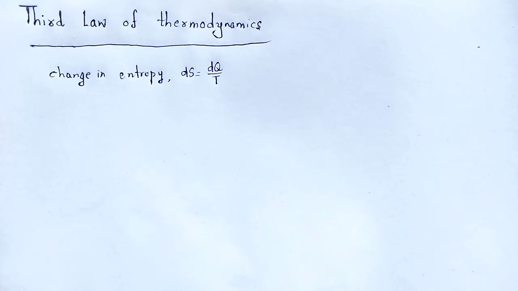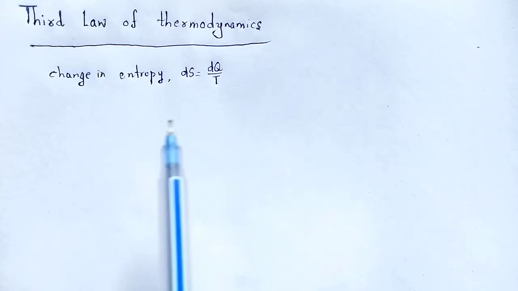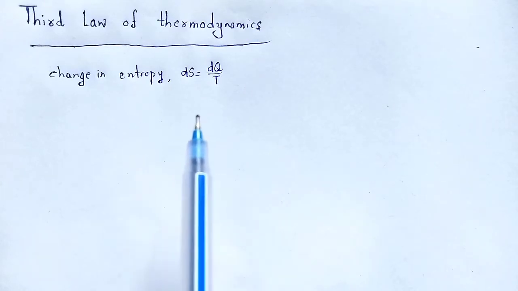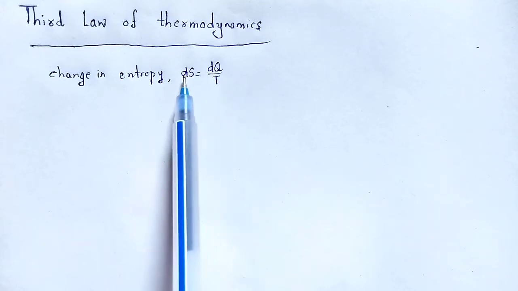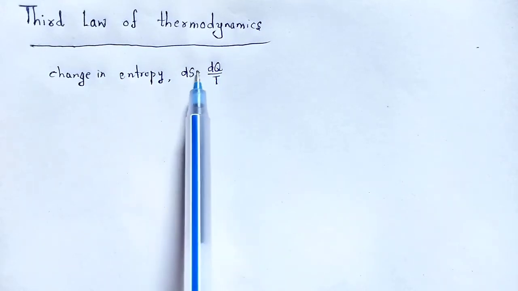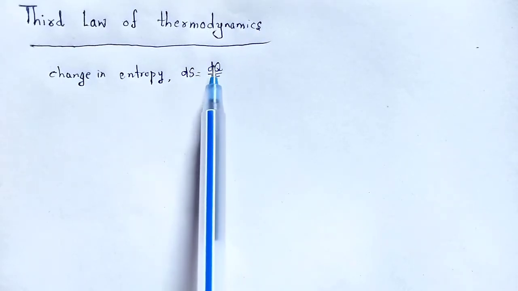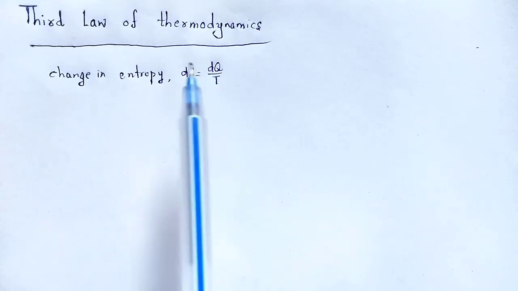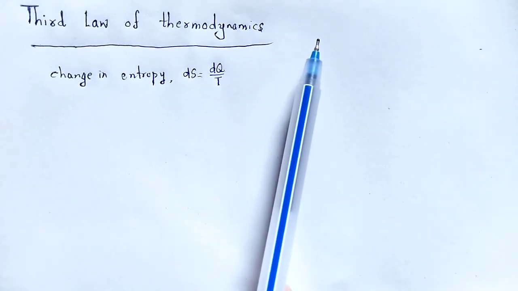According to the sign conventions of thermodynamics, heat gained by the system is taken as positive and heat lost by the system is taken as negative. Hence, when heat is added to a system, its entropy increases, and when heat is taken out of the system, the entropy decreases.